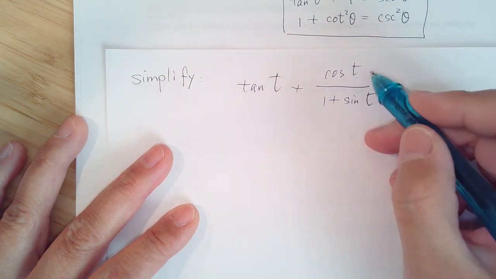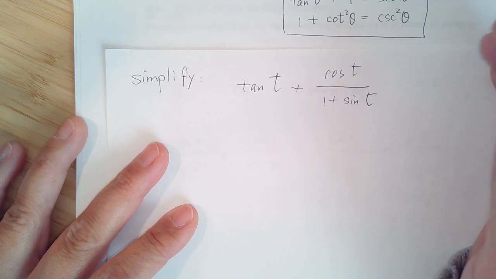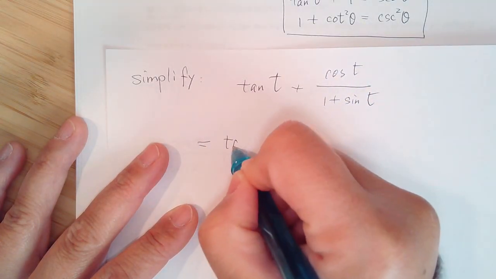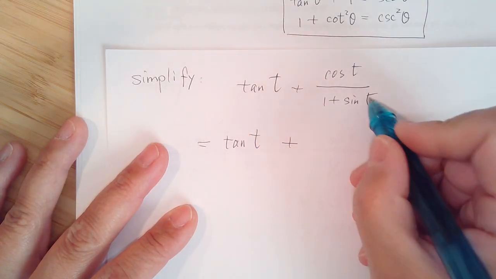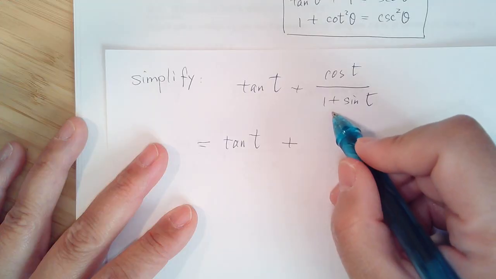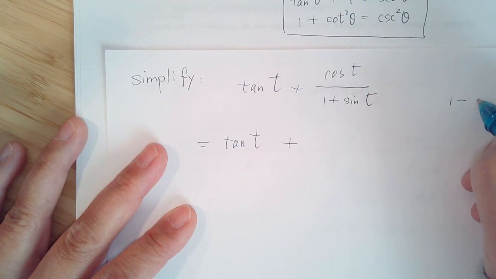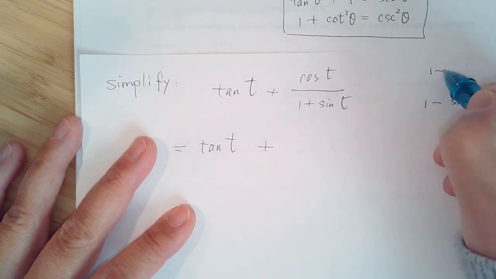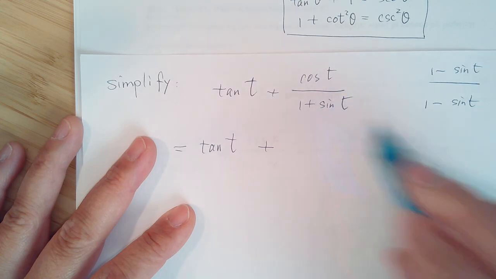If I ask you to simplify this to a clear final function without this fraction, what I would ask you to do is this. Did you notice the denominator is 1 plus sine t? If I multiply by 1 minus sine t, I'm going to get 1 minus sine squared t, and I'm going to get a cosine. So I multiply the numerator and denominator by this together for this part.